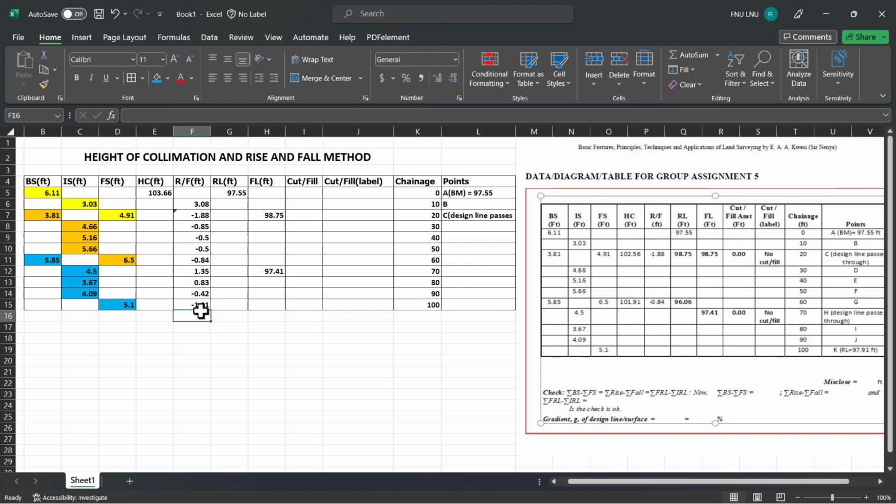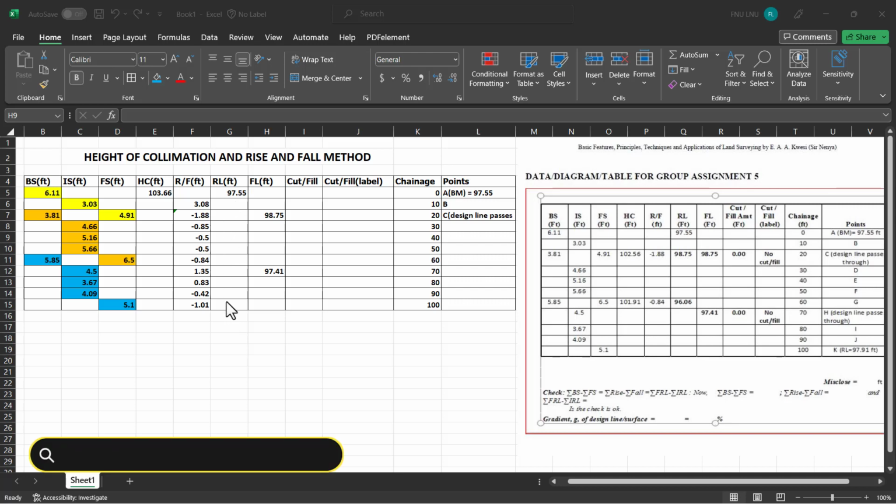Now for us to get our height of collimation, you have to compute the height of collimation at these places. Before I can get my height of collimation at these columns, I should get my reduced levels at these columns. So we're going to compute our reduced levels using the rise and fall values we have right now.